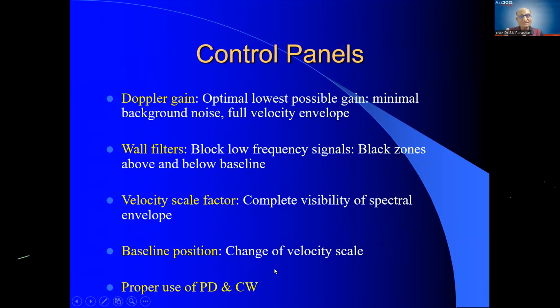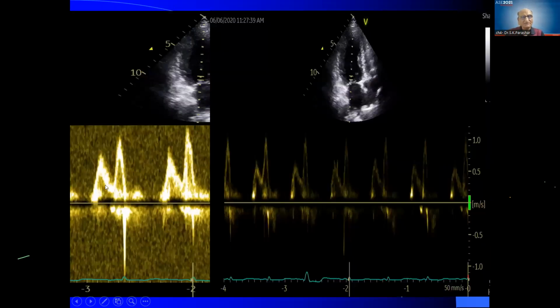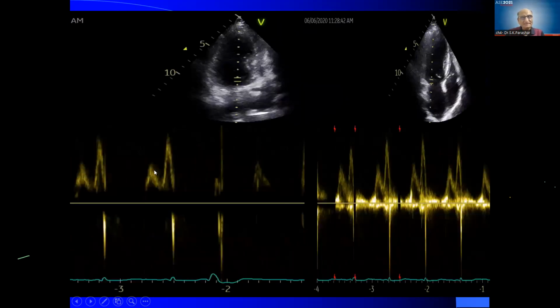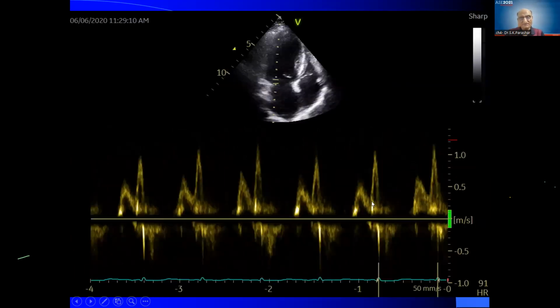You will understand much better when you see the live demonstration. For example, you see here the gain is more, here the gain is less. Then you see here everything is at the baseline. If the filter is high, this is cut off from here, so you don't know from where to measure. If the filter is low, it is very disturbing also.